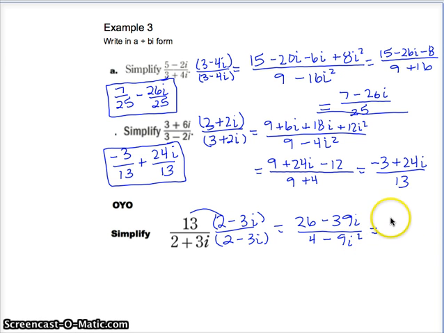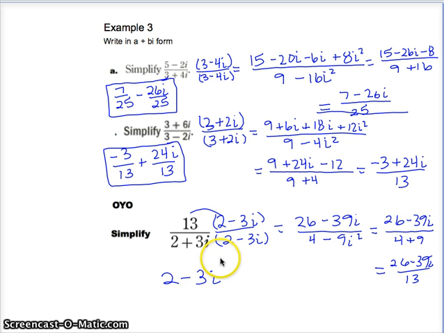This is 4 minus negative 9, so plus 9. 26 minus 39i over 13. It turns out that 26 divided by 13 is 2, and 39i divided by 13 is negative 3i. So my nice final answer here is 2 minus 3i.